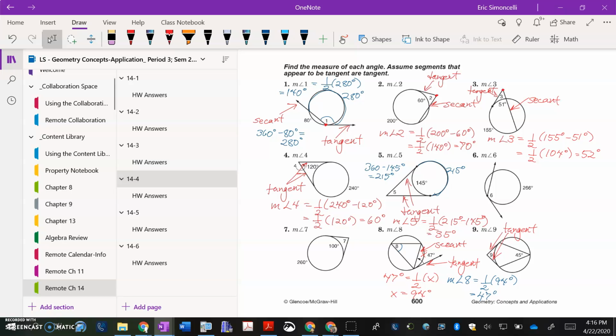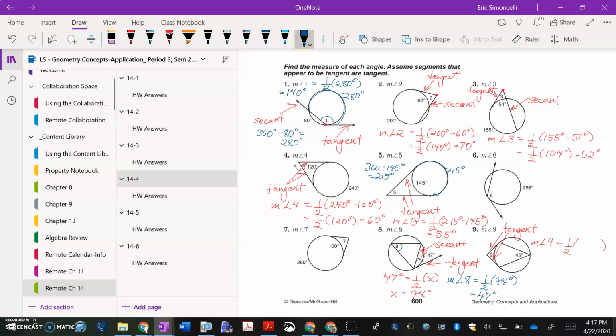Now angle 9, thanks to the formula, is equal to half the difference between the arcs. I'm going to leave myself a little bit of an opening here for this subtraction of arcs. We happen to have a 45-degree angle that's inscribed.